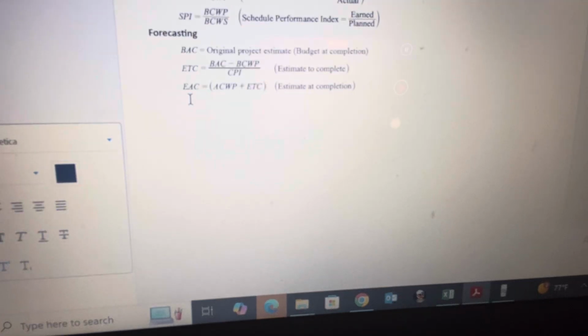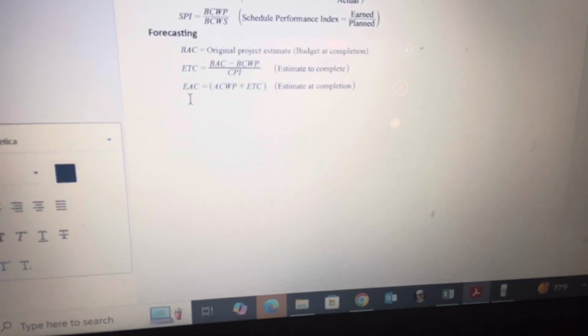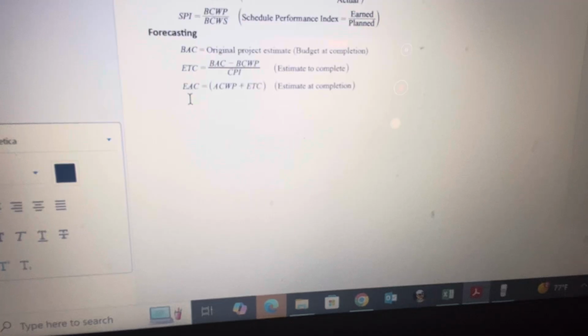Estimate to complete is not given. The estimate to complete equation is budget at completion, which is given, minus budget cost of work performed, which is not given, divided by cost performance index, which is also not given. So you first need to calculate the budget cost of work performed, and then the cost performance index.